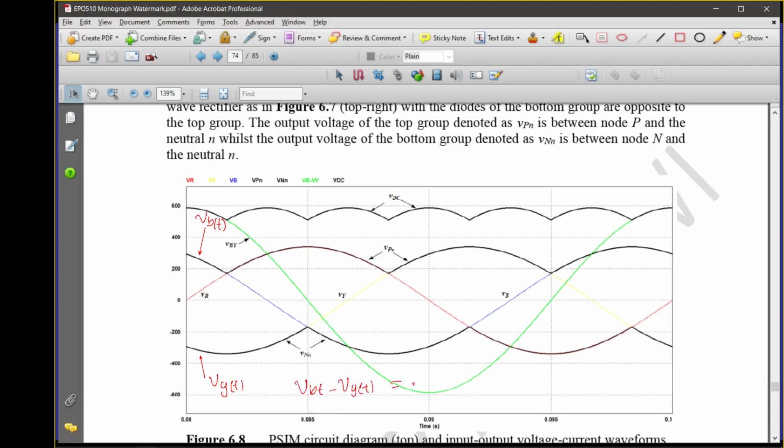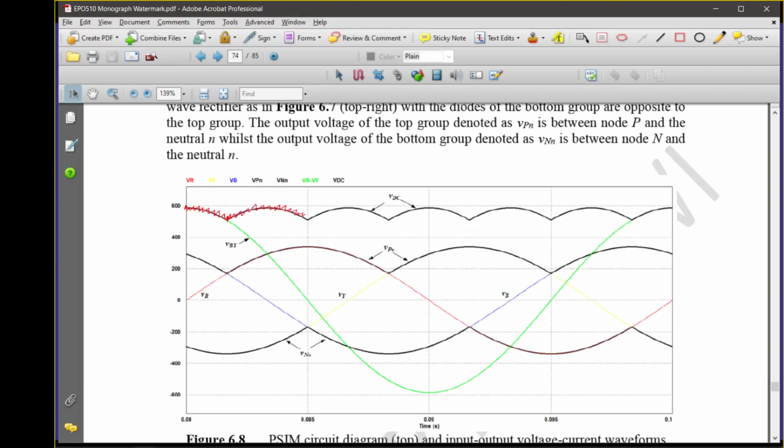So that actually equals the line to line voltage VBY. So here, this is actually VBY, the line to line voltage, between B and Y. So your output voltage VDC actually copies the envelope of the line to line voltage.